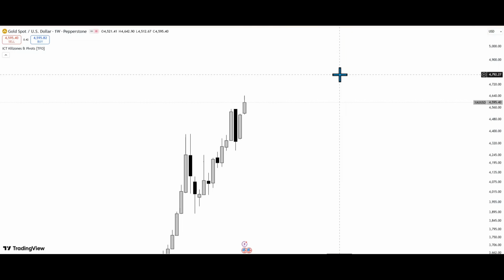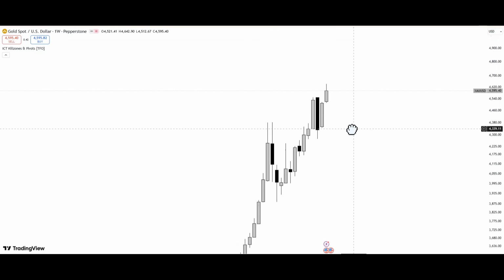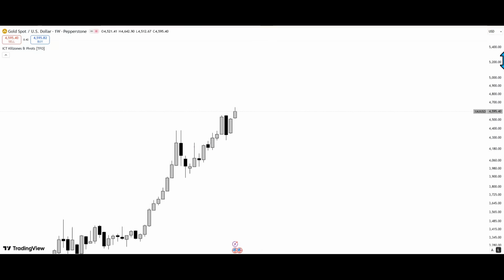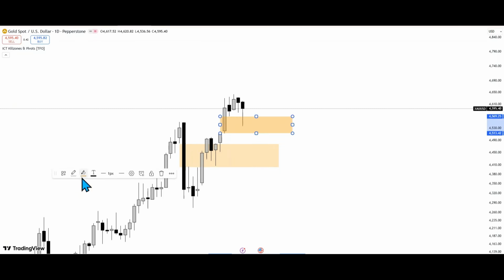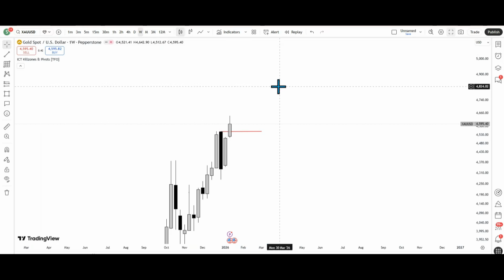So let's look at gold, and of course, gold was bullish. Literally, gold is at all-time highs. So I'm not seeing a situation where I'm going to counter trend this bullish move. If you look at the daily time frame, if you're going to continue with this bullish move, of course we have this fair value gap here. Actually, on the weekly we have this order block. This is the PDRA that we have.